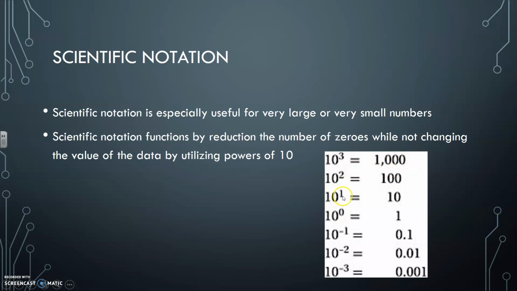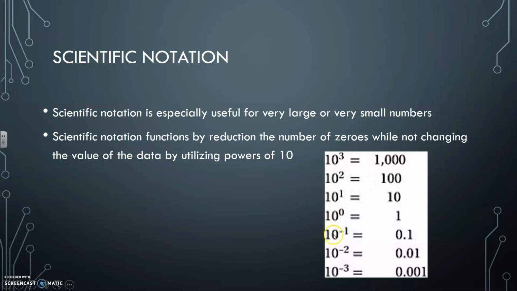So with the positive exponent, basically you take whatever number is times 10 and then just add that number of zeros behind it. So if it's, say, 5 times 10 to the first, it's 50, because you add 1 zero behind that 5. If you have, say, 6 times 10 to the second, you're going to add 2 zeros behind that 6. So it becomes 600.